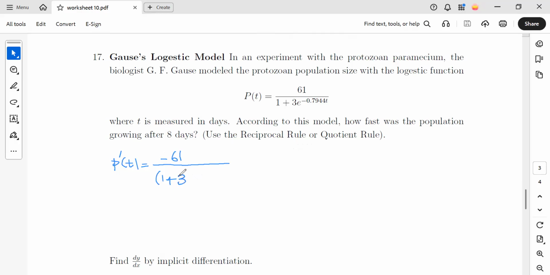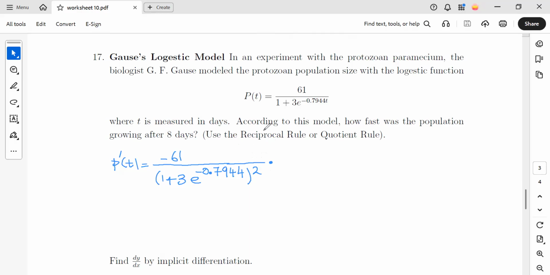1 plus 3e to the power negative 0.7944, all to the power 2 times derivative, because of the reciprocal rule, that would be derivative over the function itself.